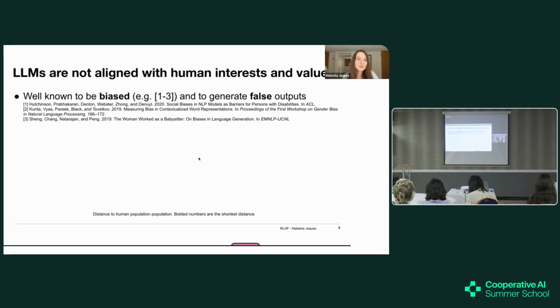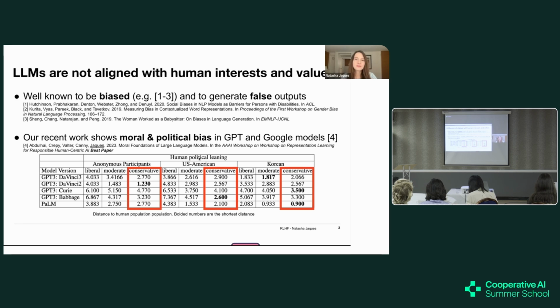To point out my own work a little bit, we have a paper recently showing that GPT models and actually Google models display reliable political and moral biases. We asked language models to complete Jonathan Haidt's moral foundations questionnaire, which scores you on which moral foundations you care about, such as avoiding harm, caring about equality, or caring about authority, which is associated with more traditional conservative political stances.